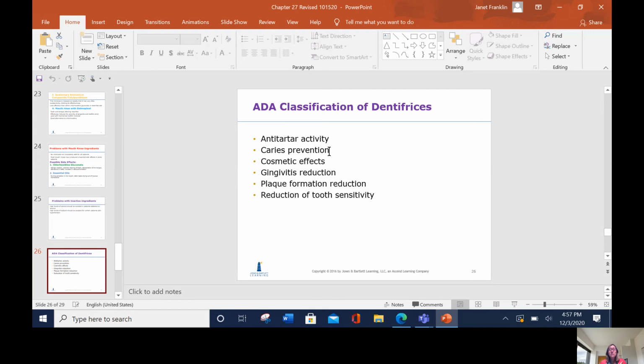Reduction of tooth sensitivity: toothpaste that contain active ingredients for sensitivity. So those you will probably recommend a lot, like Sensodyne, potassium nitrate, potassium citrate, sodium citrate.